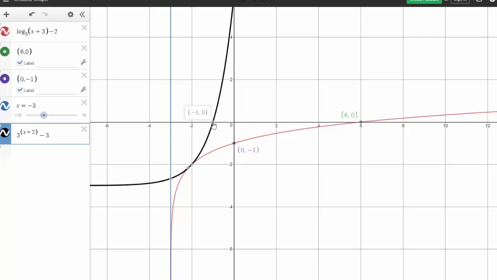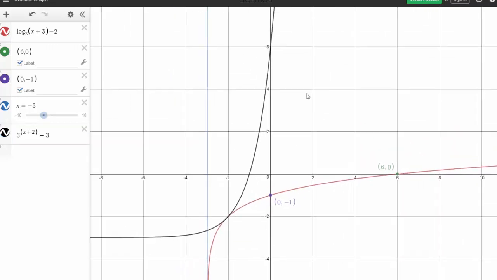And we can see the 2 points right here, the y-intercept, the x-intercept for that function, and the y-intercept, 0, 6, that are points that have interchanged coordinates.